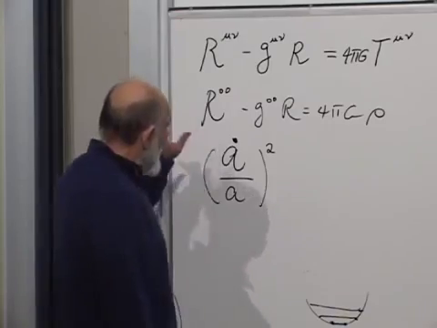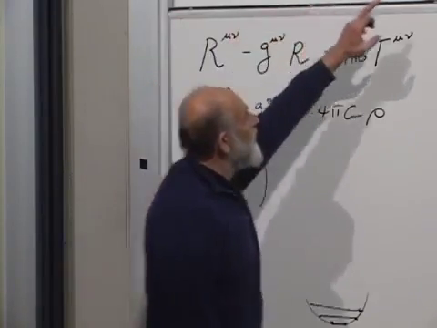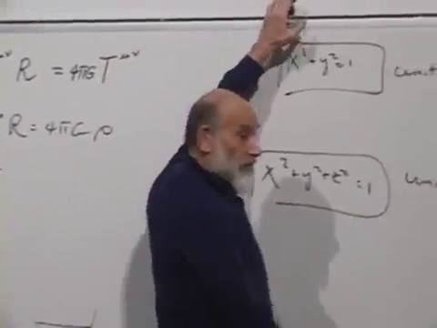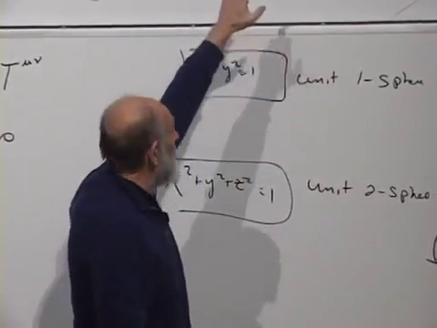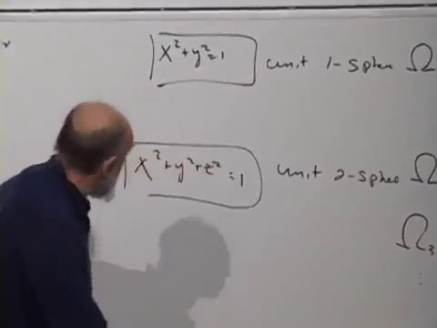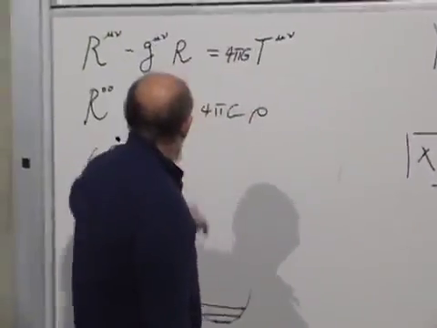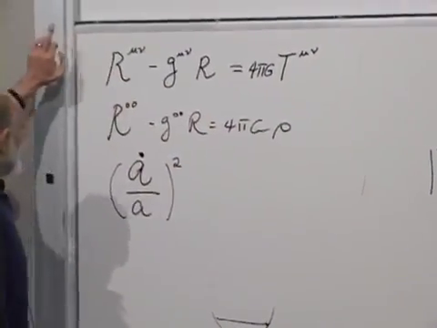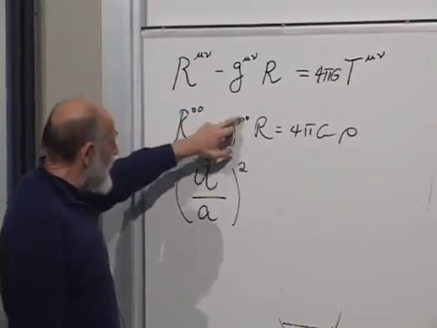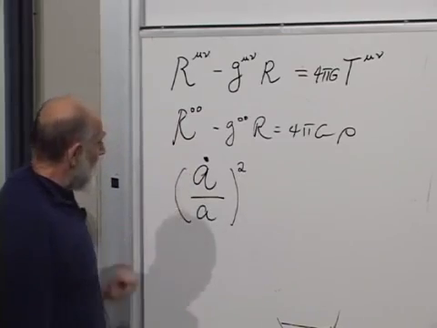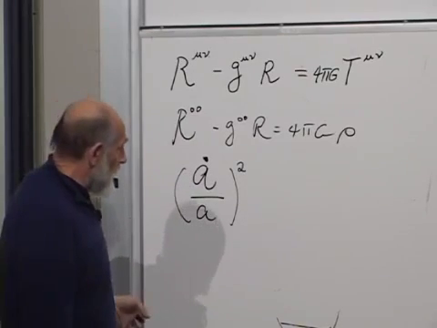So if you work out the flat space case, flat space means flat space, not flat space time, the k equals 0 case, you take that metric and plug it into the formulas for curvature, calculate R naught naught minus G naught naught R, and you will get A dot over A squared.